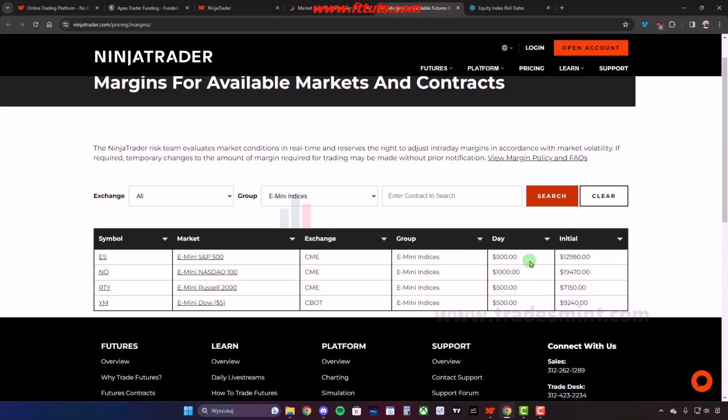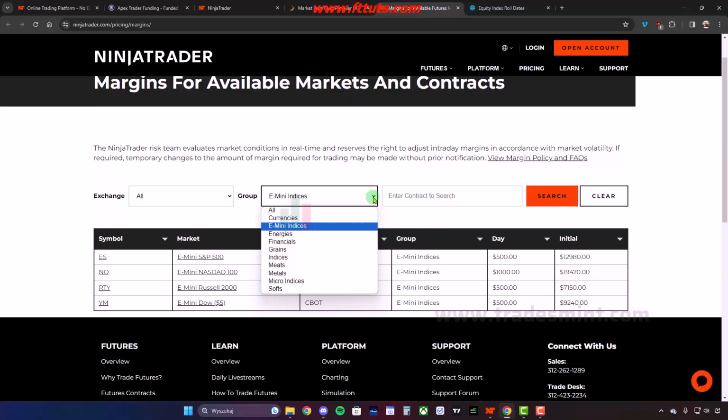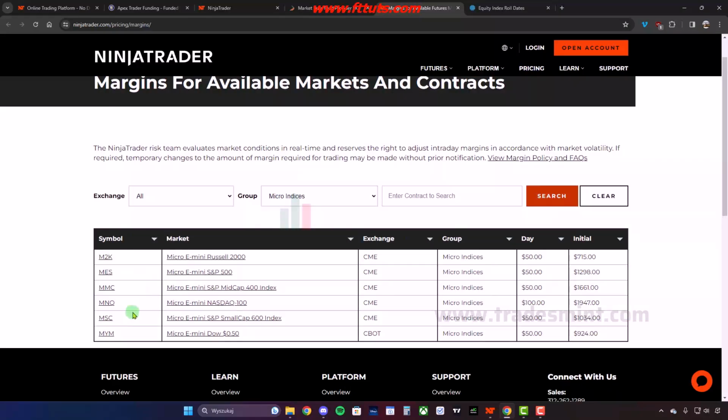So, for example, if you have $1,000 and you want to trade S&P, it's very risky, because one or two bad trades, you will get margin call. So it's up to you. But then comes also micro contracts. Take a look. For micro S&P, it is divided by 10.